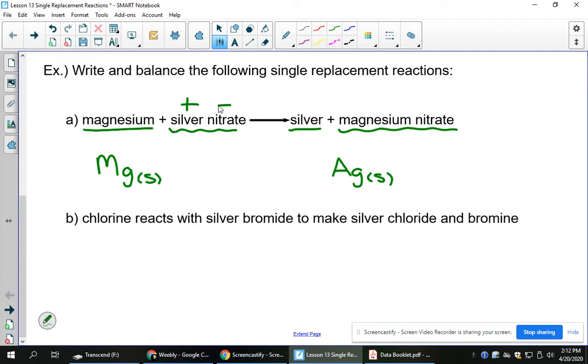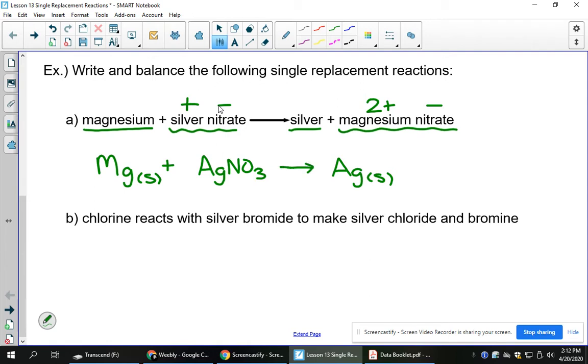All right, nitrate is also on the product side, so it has a charge of -1 as well. And I'm going to find magnesium's charge, 2+. So now I can go ahead and write these compounds. For silver nitrate, the charges balance, so I'm simply going to write silver followed by nitrate, and that's it.